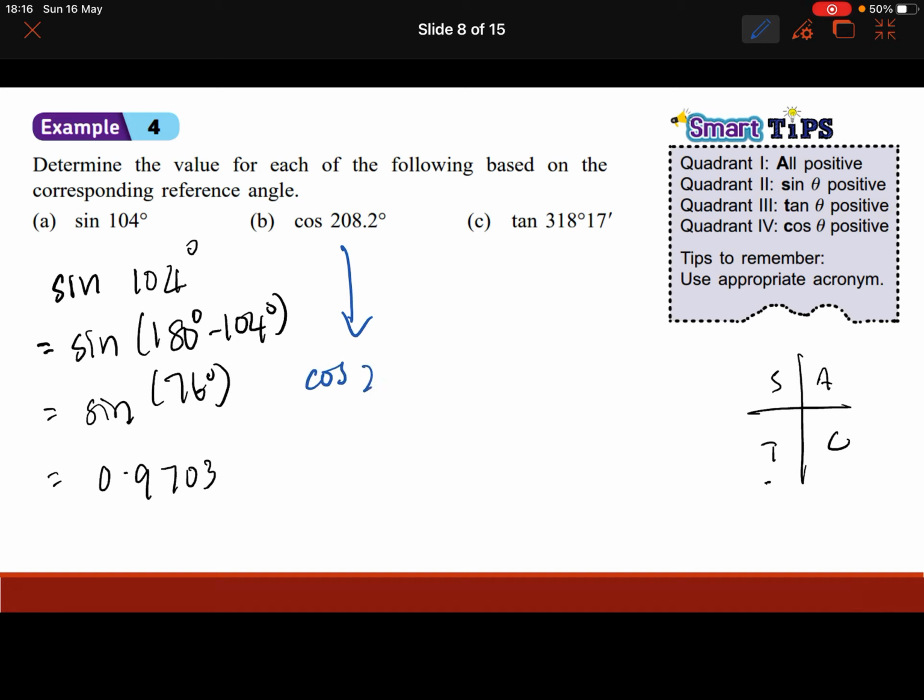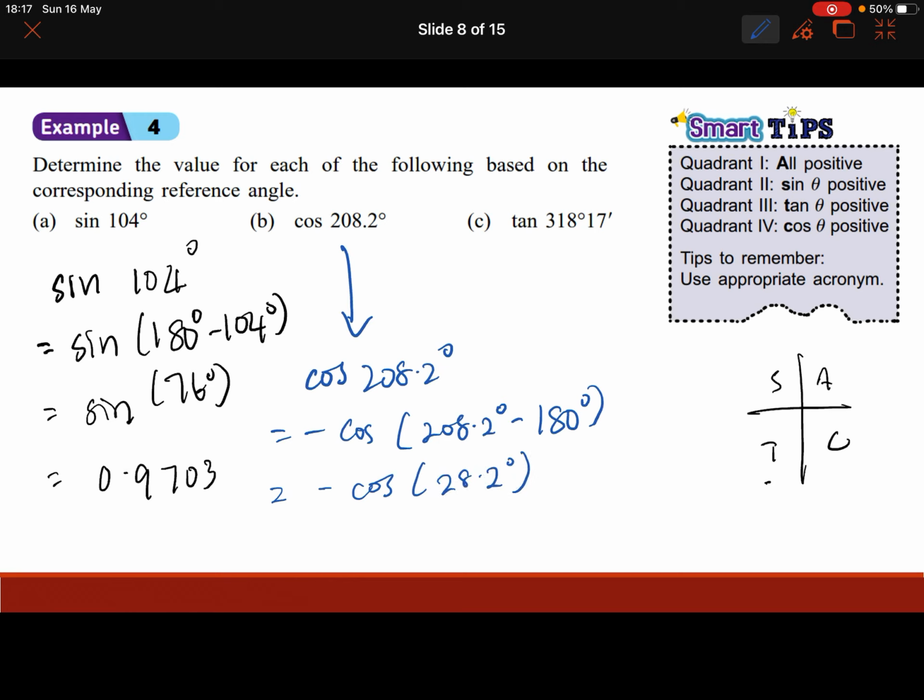So cos 208.2 degree is a negative cos of 208.2 degree minus 180. So the reference angle is 28.2 degree. So next we use our calculator. So we got negative 0.8813.